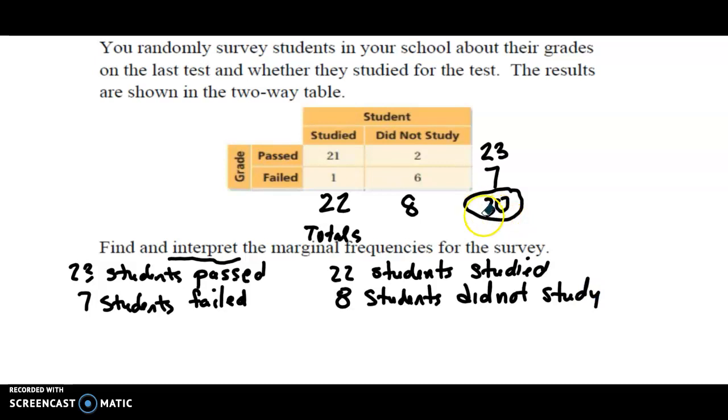And again, the last one, this is the one that's most forgotten, is this 30. 30 total students were surveyed.